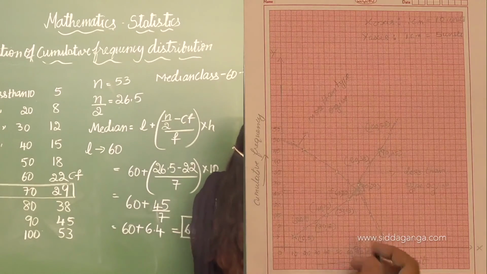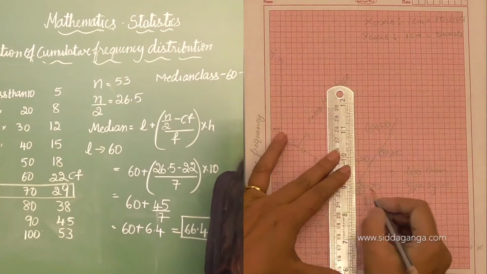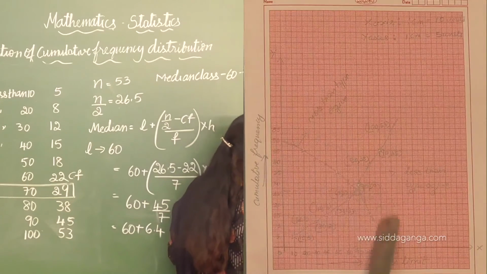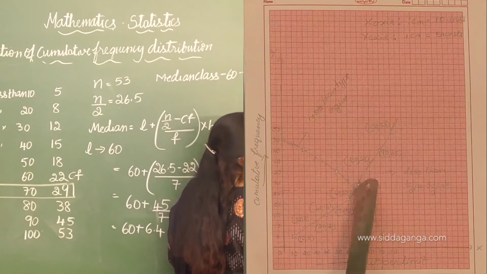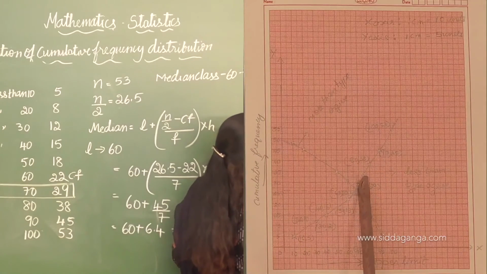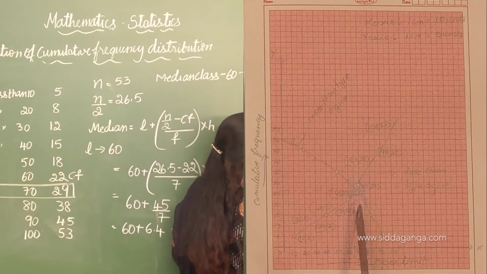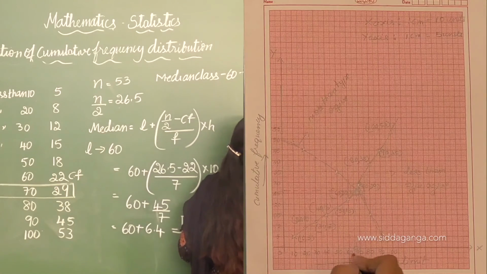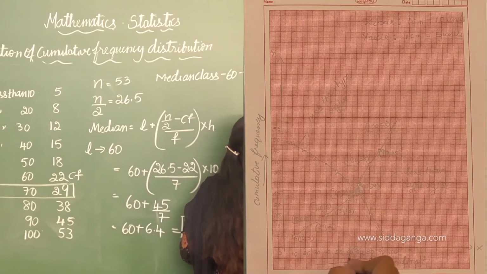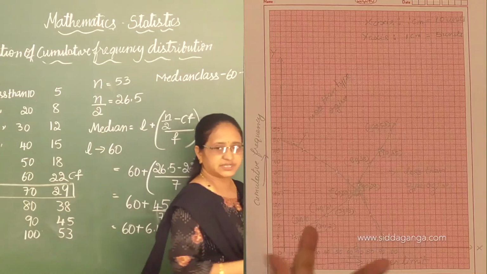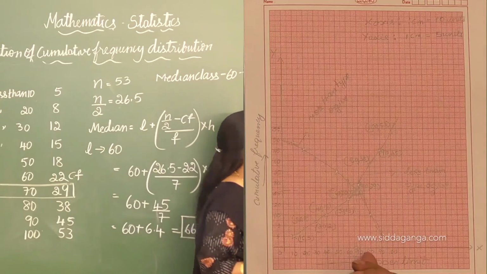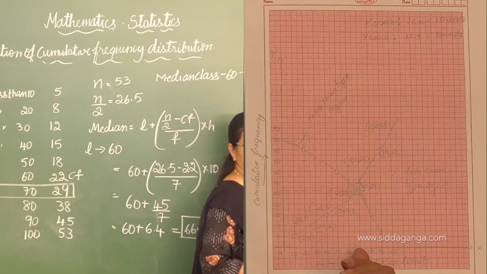When we draw the less than type ogive and more than type ogive, there is a point of intersection, where you draw a perpendicular line to the x-axis and you can find the median. See here, it is between 60 and 70. Can you see? It is very small, but when you observe in your graph, you will find it.